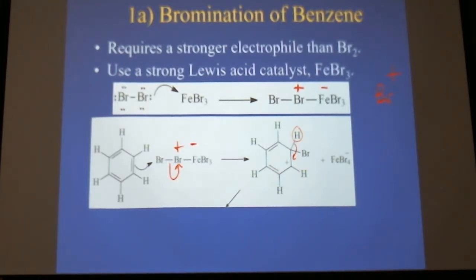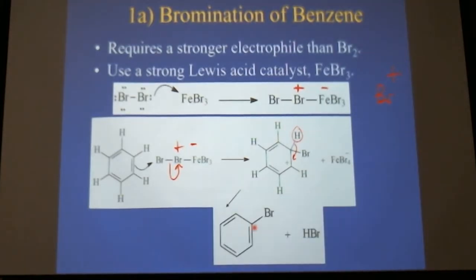Probably this is more realistic, but if you visualize it, you have more charges. So this attack forms the sigma complex, then a base comes in, and we re-aromatize and end up with bromobenzene.